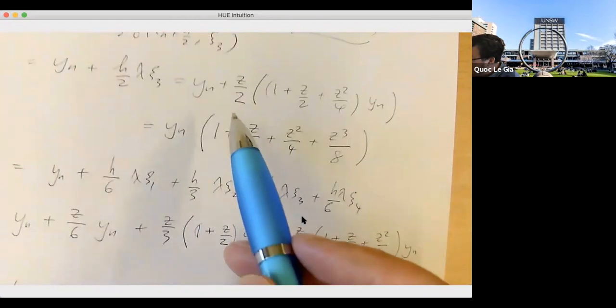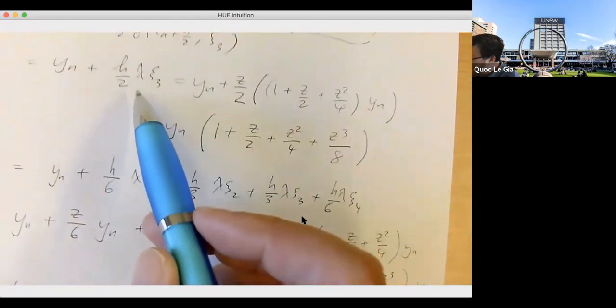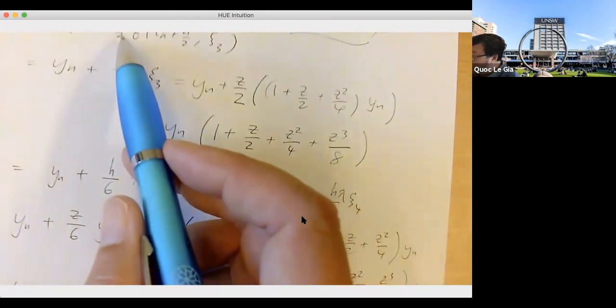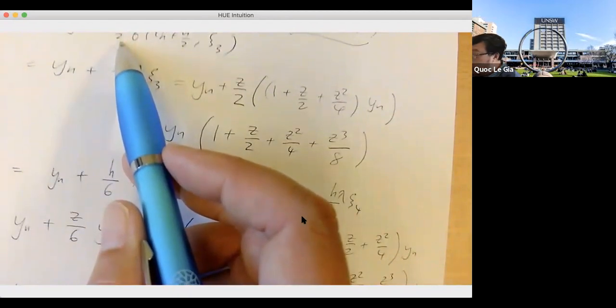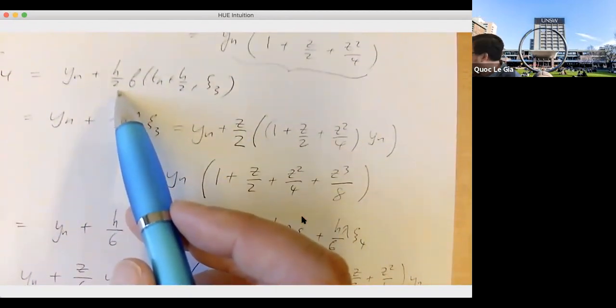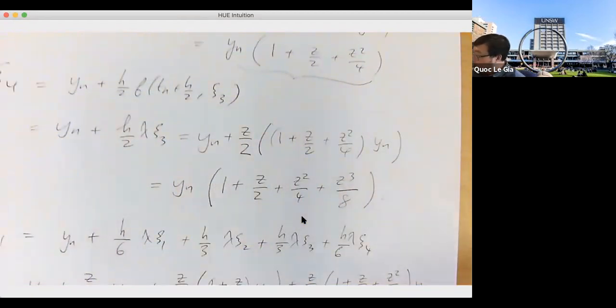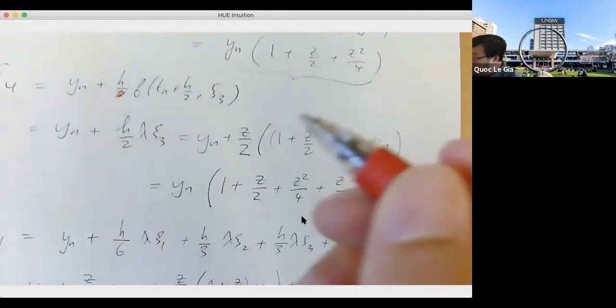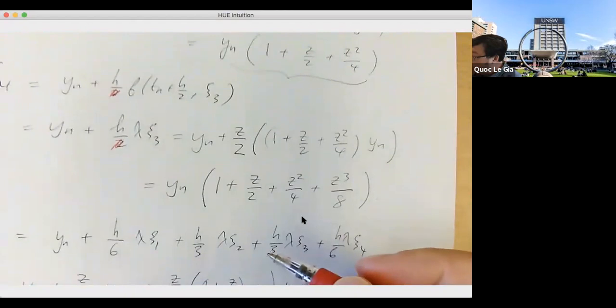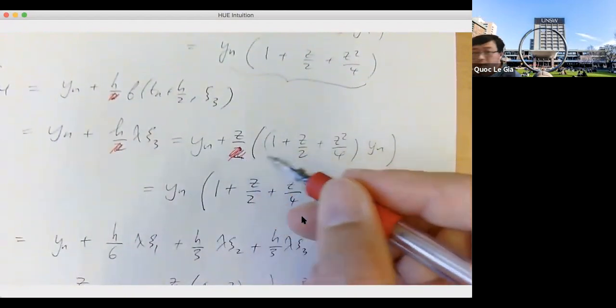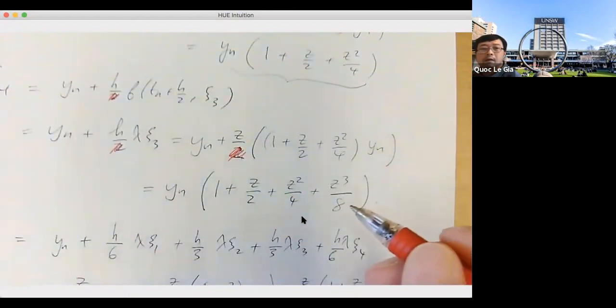Xi 4, no, xi 4, this one is not h over 2. I think xi 4, this one is only h. Okay, sorry about this. So we didn't do this one correctly. So this one only h here, and then you have only z here.